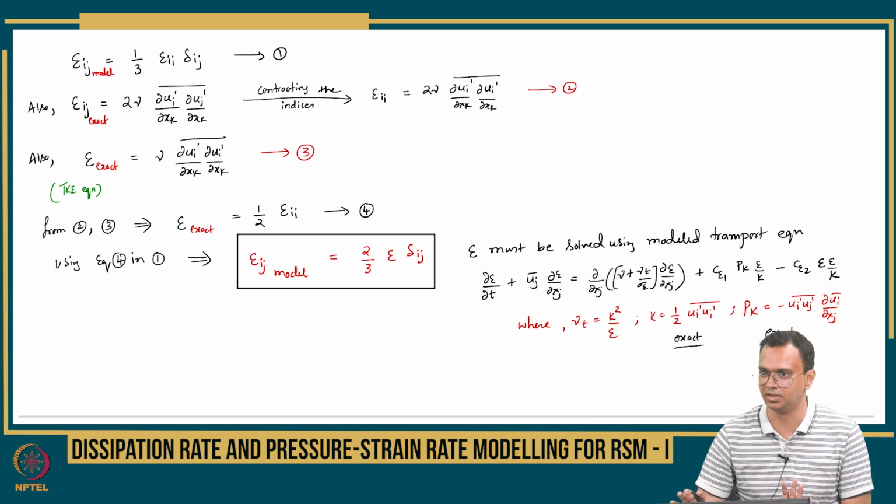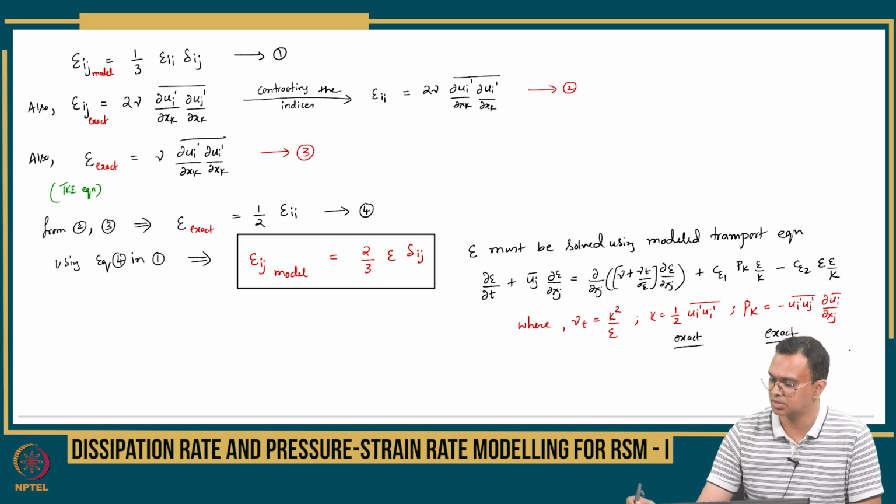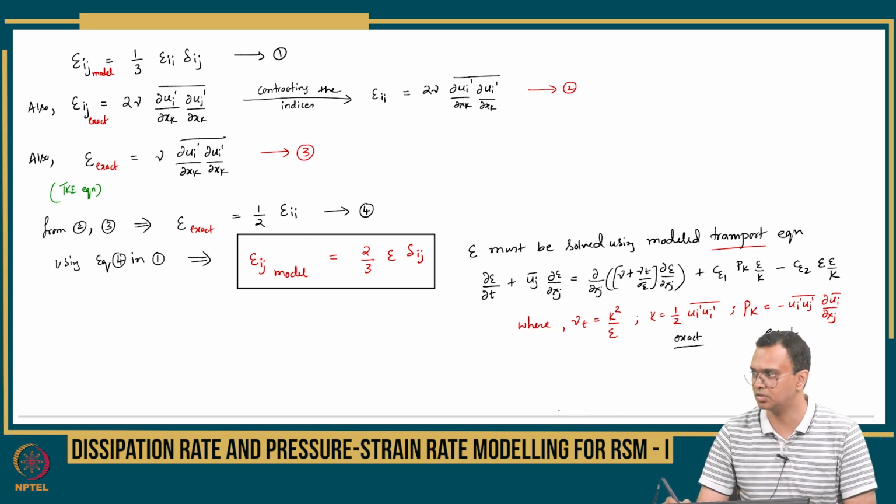I am not talking about accuracy here. Okay, so these are at least not modeled. So these terms you can obtain directly, k and Pk. So it will be a lot better than when you are solving for a k-epsilon model here. But this additional transport equation is required. So the RSM models are also called 7 equation models because 7 transport equations are solved.